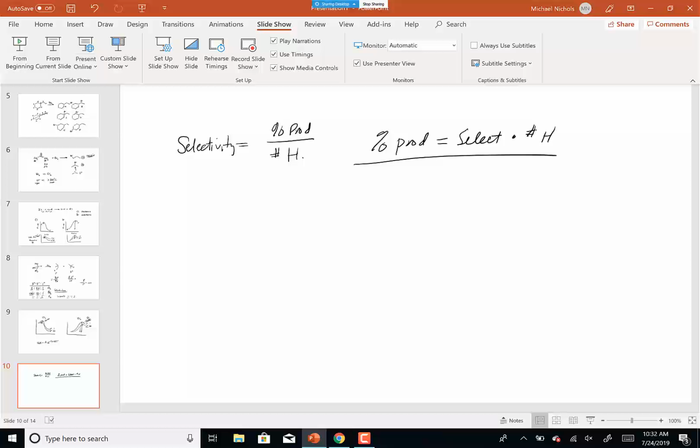And so now if I want to calculate the relative amounts of the products, I can use this equation, and all I need to do is count the number of hydrogens that give me each product, and then know my selectivities, which I will always give you. Then you'll be able to calculate what's going to be the major product of the reaction, whether it's bromination, chlorination, or greater than 300 degrees Celsius.